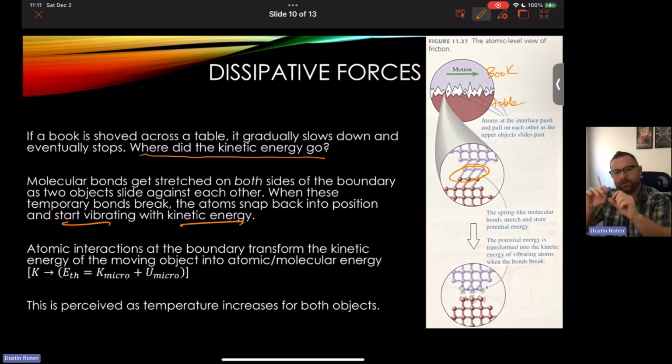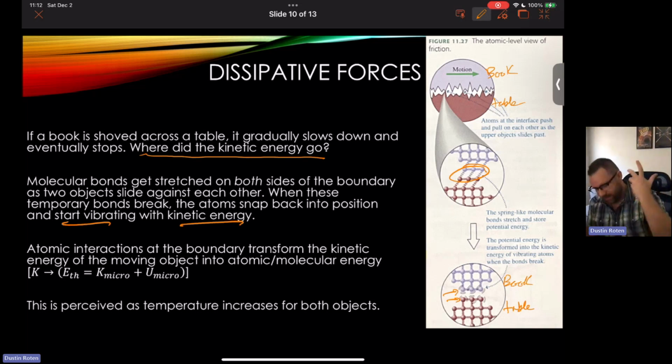And as the book keeps going, those bonds are made, but then they're essentially immediately broken. But what that does is cause some jiggling in the lattice structure at the molecular level. So you can see we've got some extra jiggling here on both sides. So the book and the table both get some energy out of this, okay?